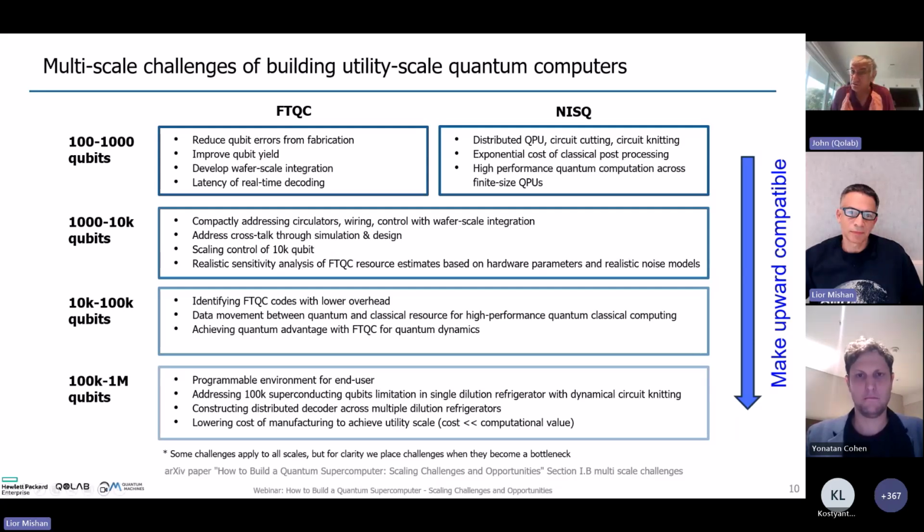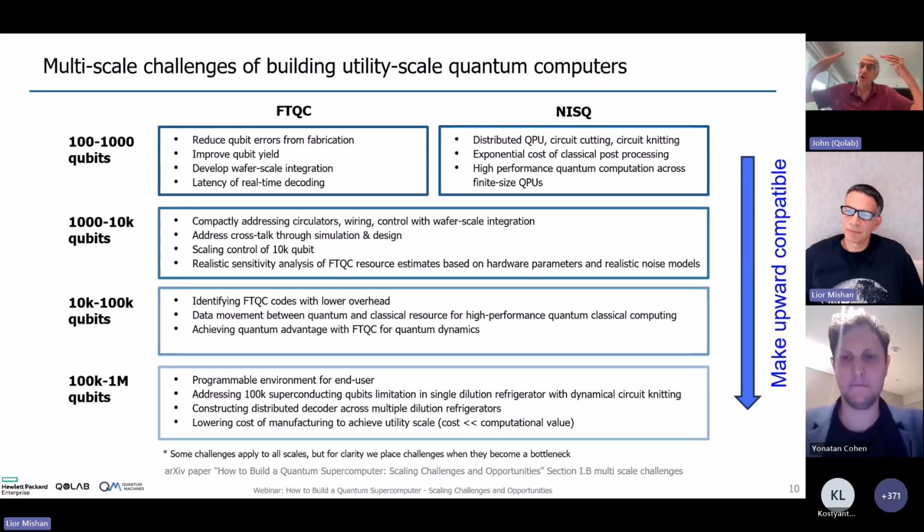And the reason you need to do that is very simple: as we scale up these systems, we have to make sure what we're doing right now or a few years from now is upward compatible into building a big system. If at some point the progress is going to stop and we're not going to get to the end product we want, that's going to be a problem.